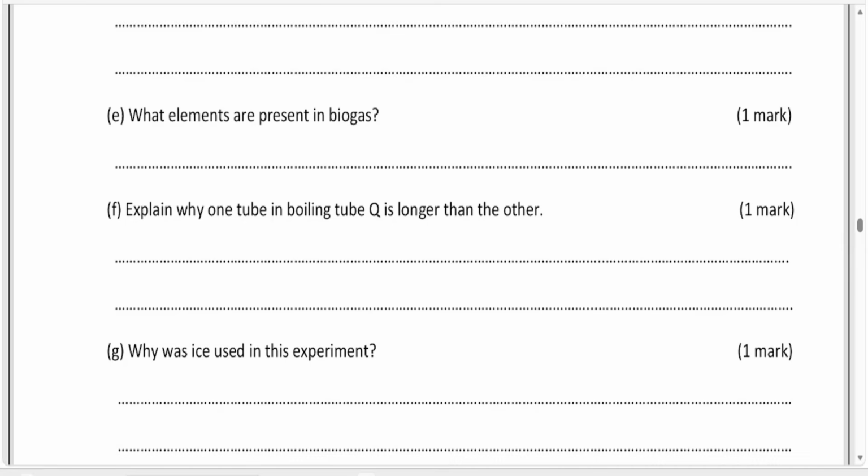Biogas is basically methane. So the elements there, we have carbon, and we also have hydrogen. So each has a mark.